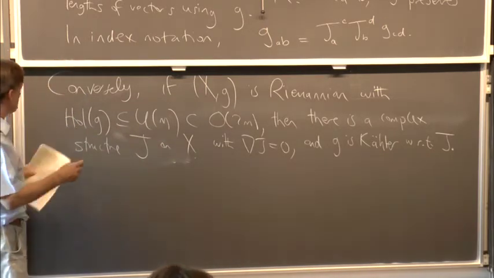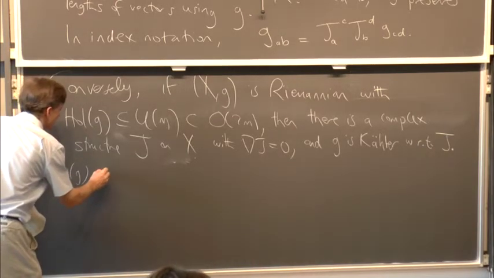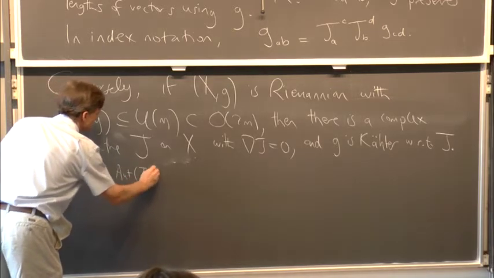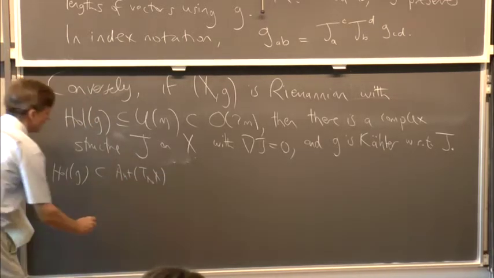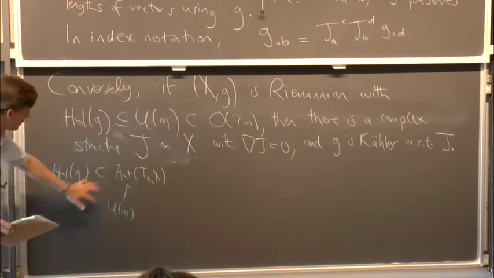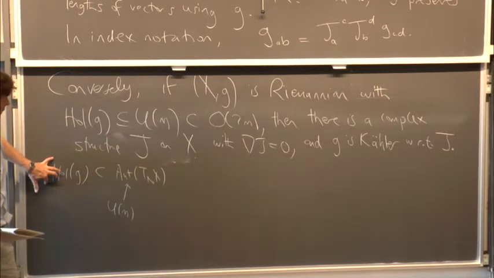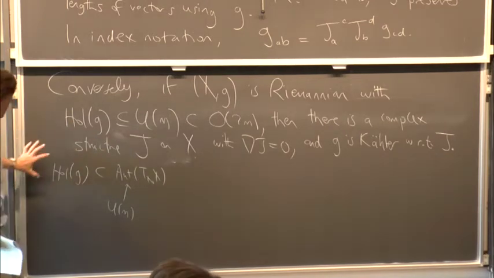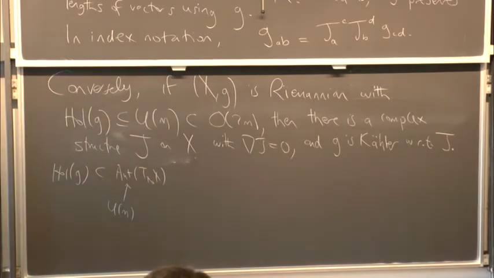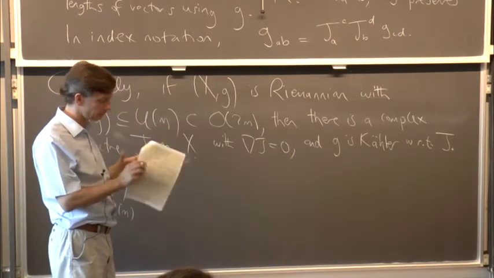Really, the holonomy group is contained in O of T_x0 of X. If you're given a particular inclusion of U of m into there, containing the image of the holonomy group, then that defines a particular J. So in that sense, an inclusion makes G Kähler in a kind of unique way.